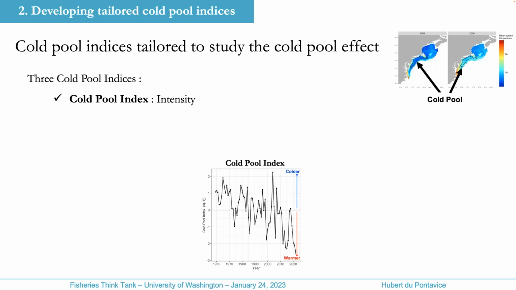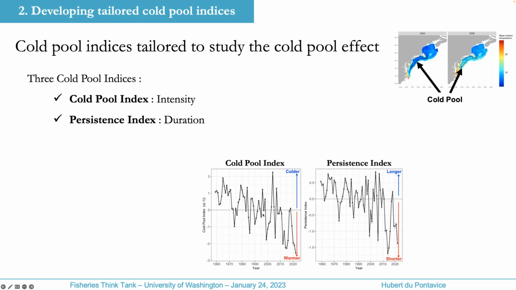So first, our cold pool index measures the intensity of the cold pool. It was adapted from the cold pool index based on observations I presented previously. You can see here the values of the index each year and the large interannual variability. Then we developed a persistence index that measures the duration of the cold pool.